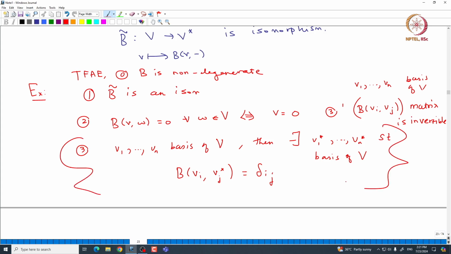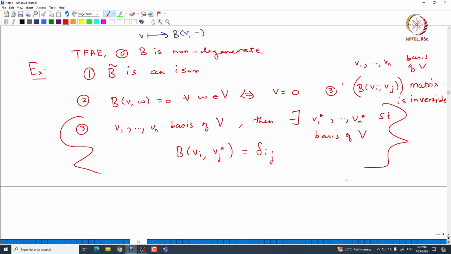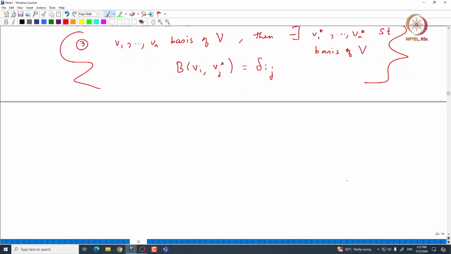We will prove a version of this, but we will do it for the symmetric bilinear form. Then one can identify vi with vi star.